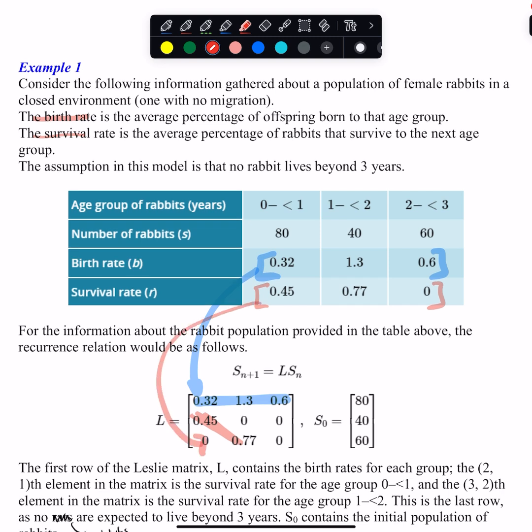And then the rest is populated by zeros. Now, how do I know that it's a 3 by 3? Because I only have 3 age groups. So the number of age groups will tell me how many columns and rows we'll have. And the initial state matrix, they give it to me here in this scenario, and it normally is a column matrix.